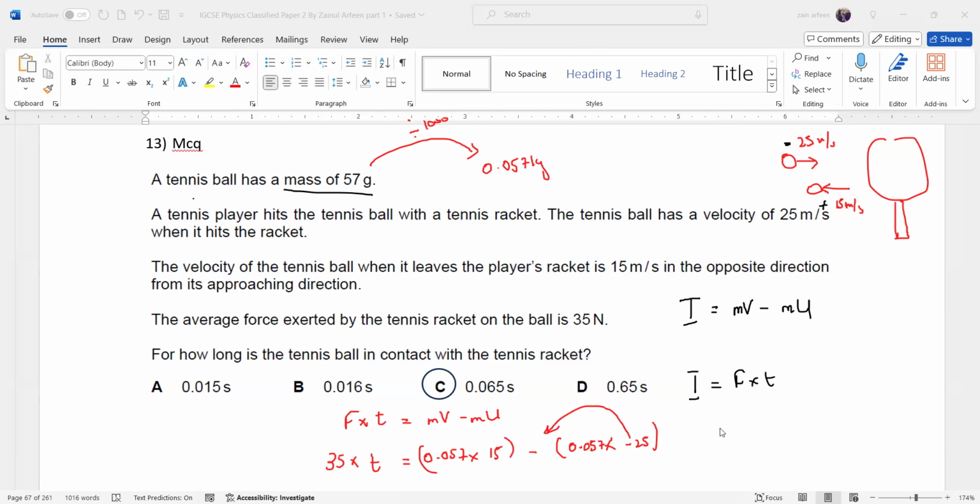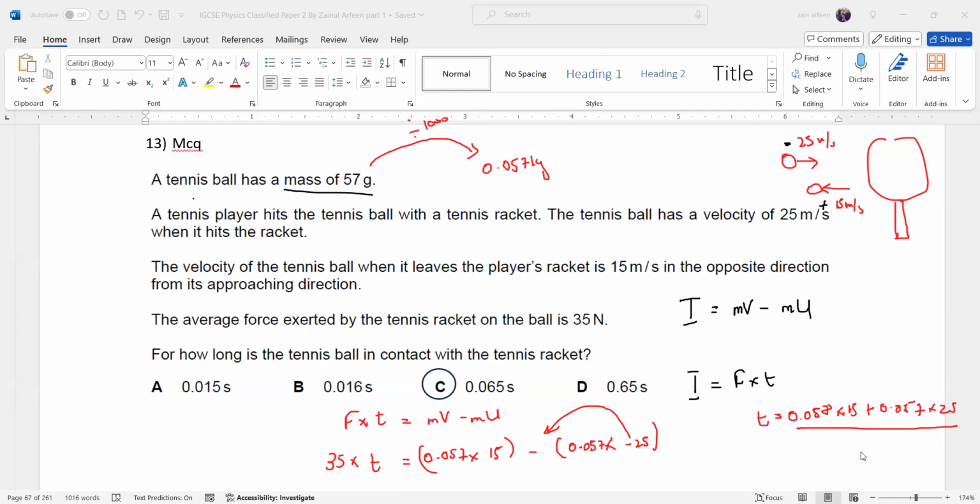So this changes into 35 into t is equal to 0.057 into 15 plus 0.057 into 25, and then 35 is divided, on the other side. Remember, whenever the direction changes, like it changes into the opposite, you add the two momentum to get the impulse.